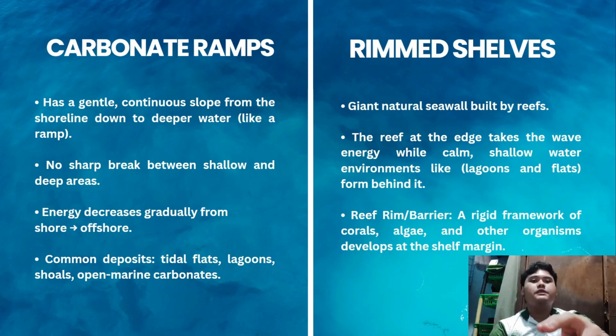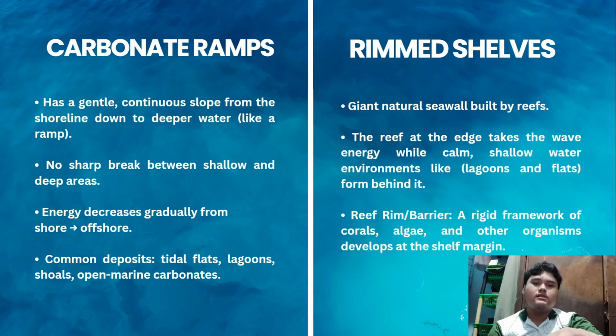And the rim shelf is like a giant seawall built by reefs. The reef at the edge takes the wave energy, while calm, shallow water environments like lagoons and flats form behind it. The reef rim barrier is a rigid framework of coral, algae, and other organisms developed at the shelf margin.